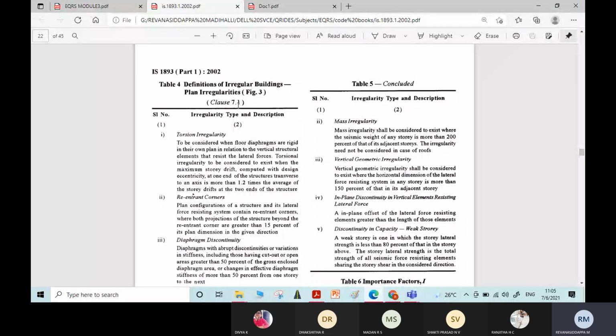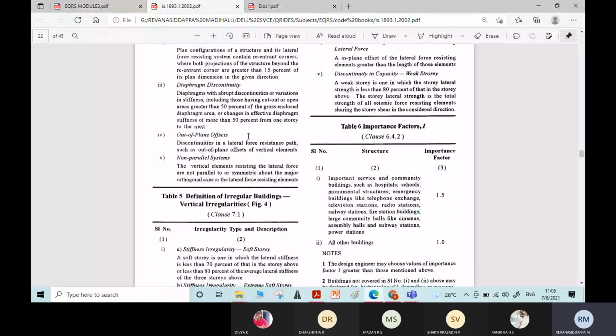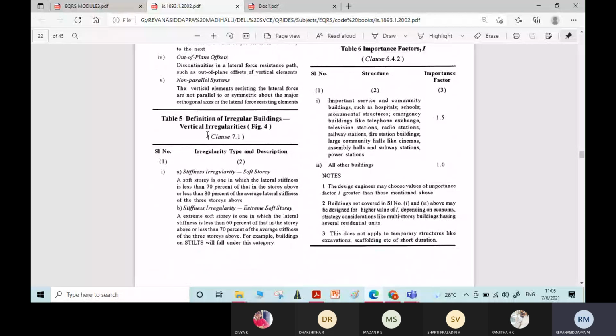So plan irregularities I have already discussed in the previous class. Now we will discuss the vertical irregularities. Vertical irregularity means, along the height of the building, whatever irregularities affect the load carrying capacity of the building for lateral forces, they are all called vertical irregularities.